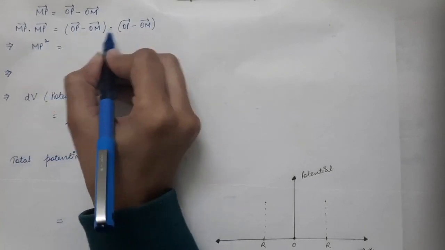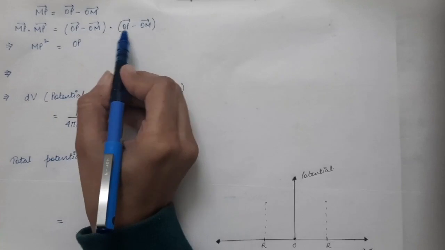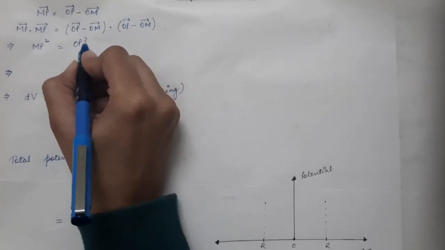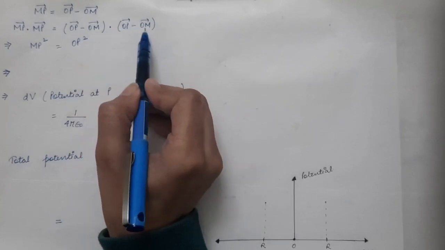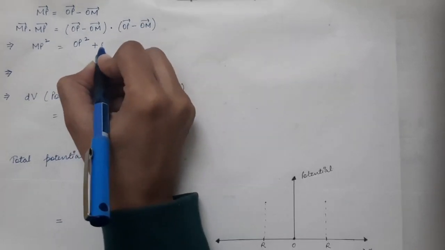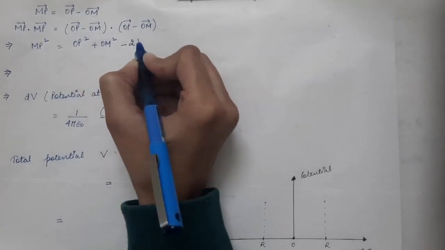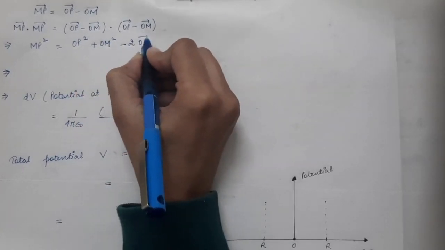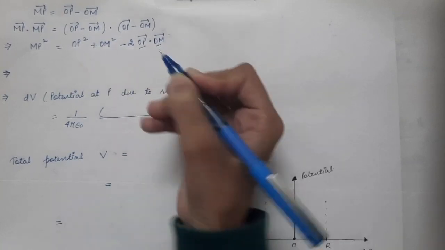This will be equal to OP vector dot OP vector, that is OP square, plus minus OM vector dot minus OM vector, that is plus OM square, and minus twice OP vector dot product with OM vector. So now you will simplify it.